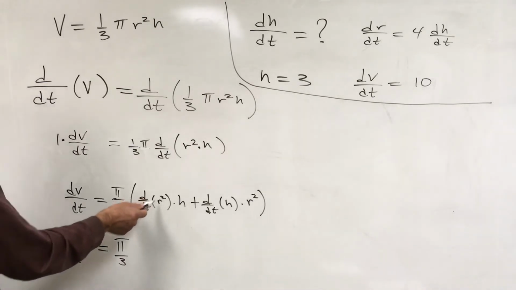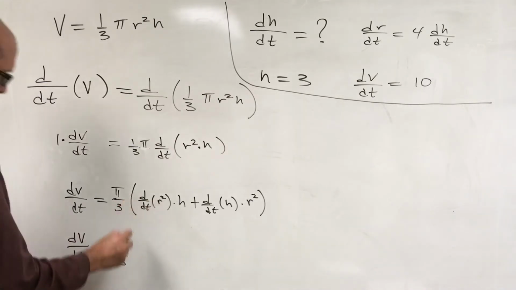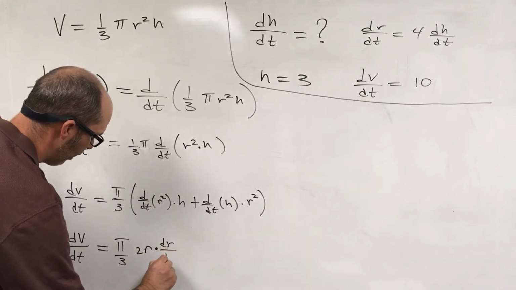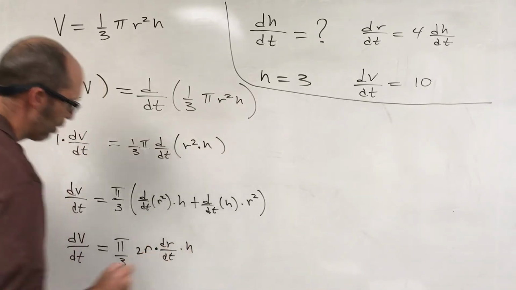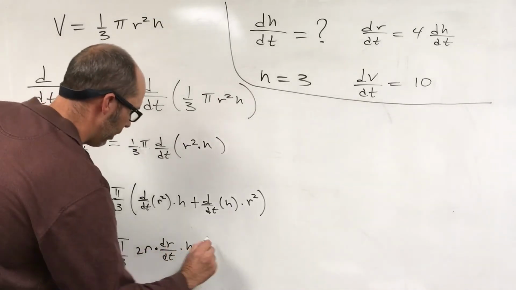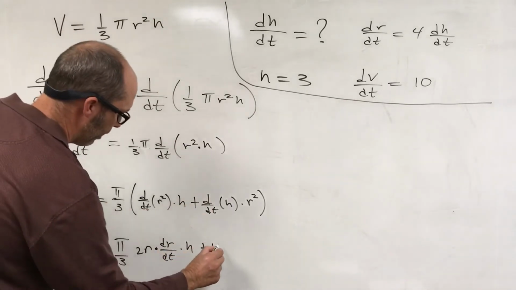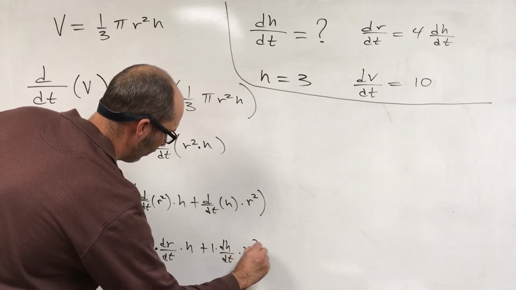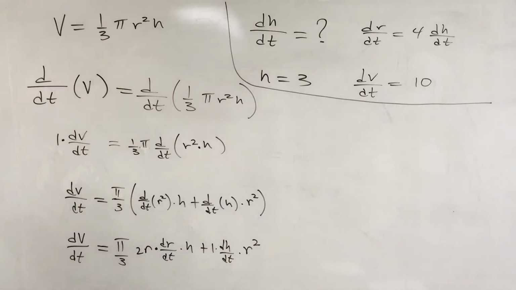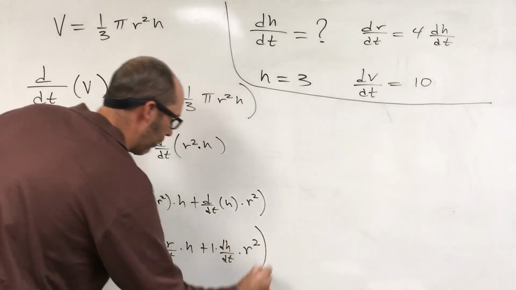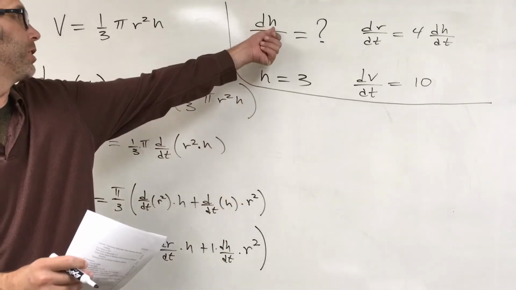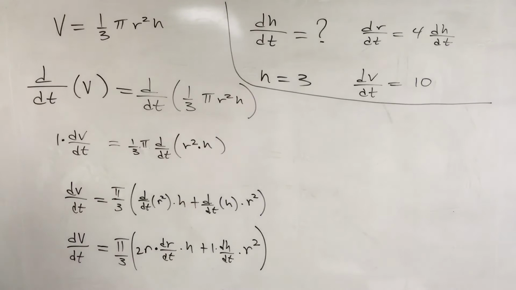Now the derivative of r squared with respect to t is 2r dr/dt times h, plus the derivative of h, which is 1 dh/dt, times r squared. And that's all of that.